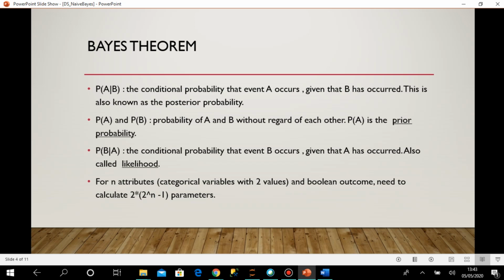When I am calculating the probability of the outcome based on the features, if there are n number of features having two categorical values each, then the number of parameters is 2 times 2 to the power n minus 1, because I have to consider all possible combinations of features when I am calculating the outcome.